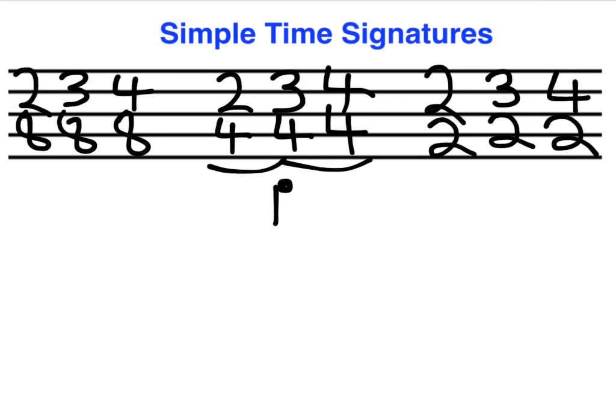So you can see the relationship between quarter notes and the bottom number 4 in these three time signatures, 2/4, 3/4, and 4/4. Quarter notes are crotchets, eighth notes then are quavers. So 2/8, 3/8, and 4/8 all mean 2 quaver beats in a bar, 3 quaver beats in a bar, and 4 quaver beats in a bar.